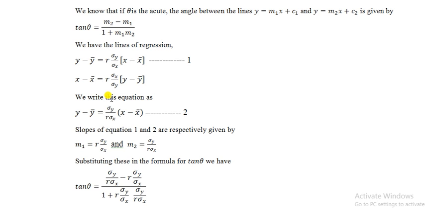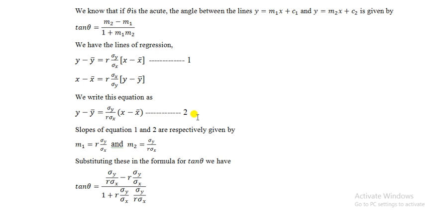We can write the second equation in the format y minus y bar. So shift the sigma x by sigma y into r to the left hand side; it takes the form sigma y by sigma x, and r becomes 1 by r. So you get y minus y bar equal to sigma y divided by r into sigma x into x minus x bar.